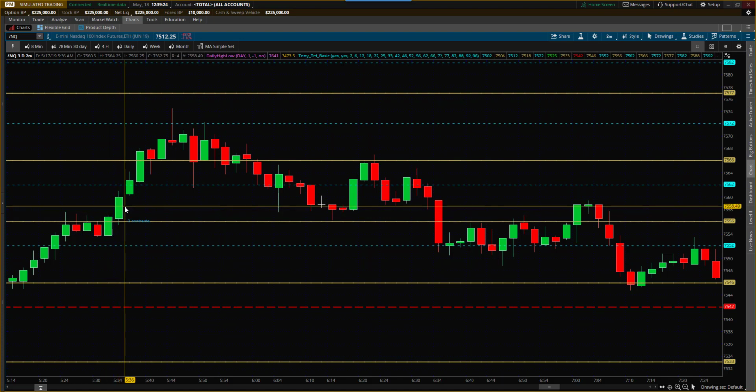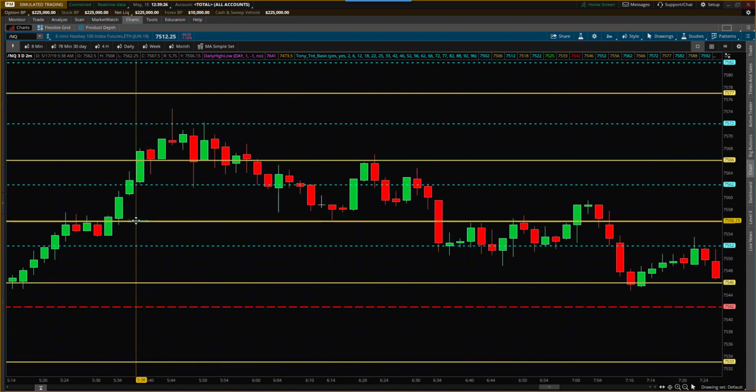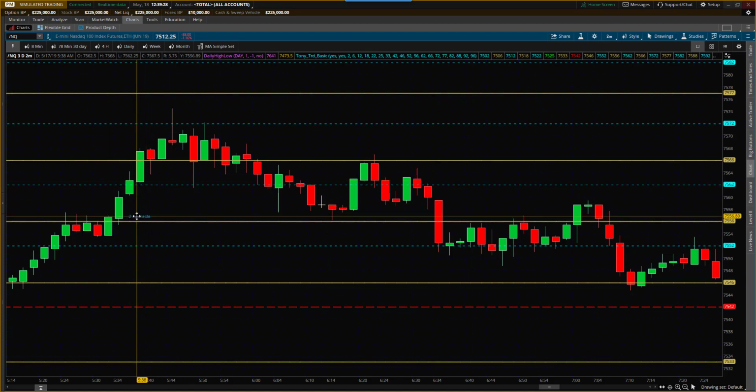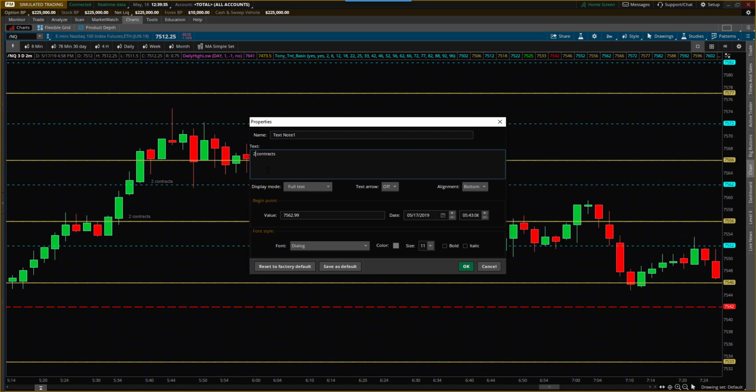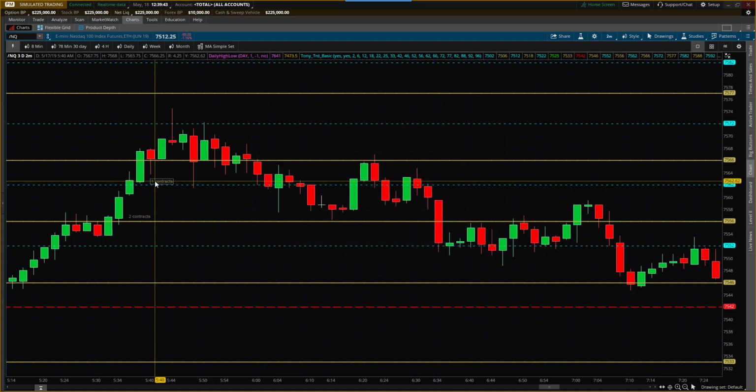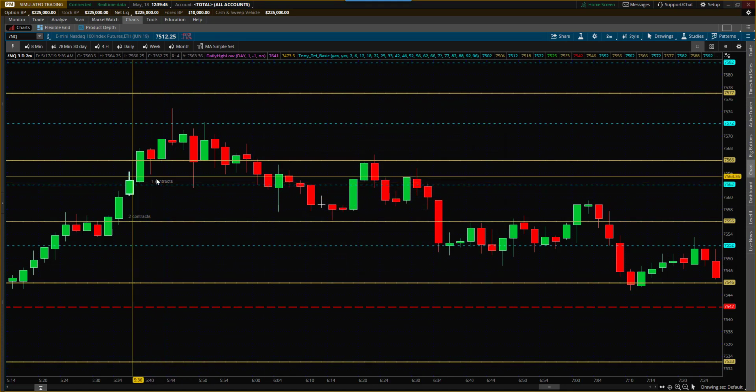We would have got in there and we would have offered one of those at the risk spot. All right, so we would get out with all but one. So if you're trading more than two, you would exit all of your contracts except one here. So we'd offer one, and now we still have one.